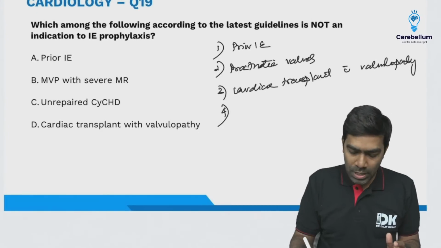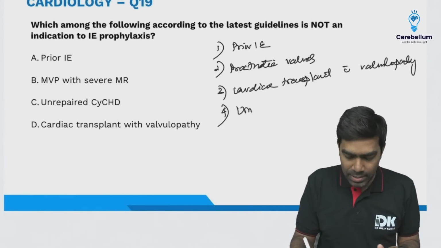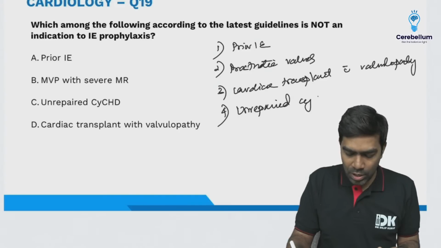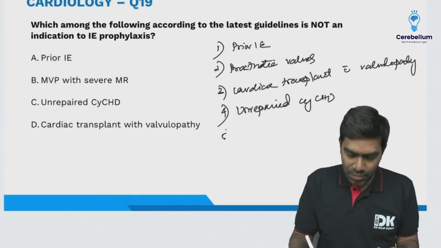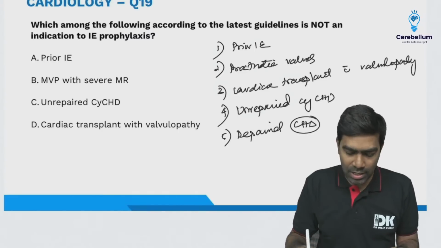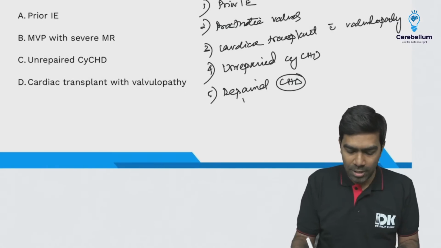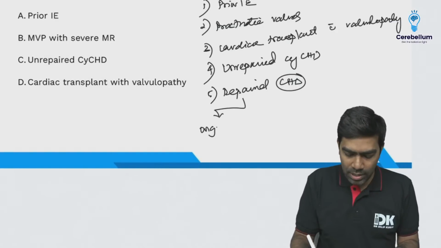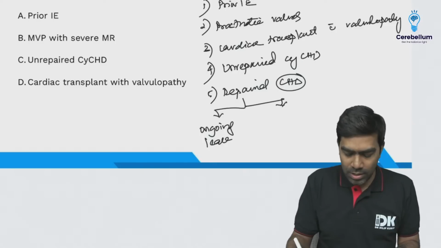Number 4 is unrepaired cyanotic congenital heart disease. Number 5, repaired congenital heart disease. Any congenital heart disease, doesn't matter. Repaired, but if there is any ongoing leak, which means the repair is defective, or if the patient has some prosthetic material.